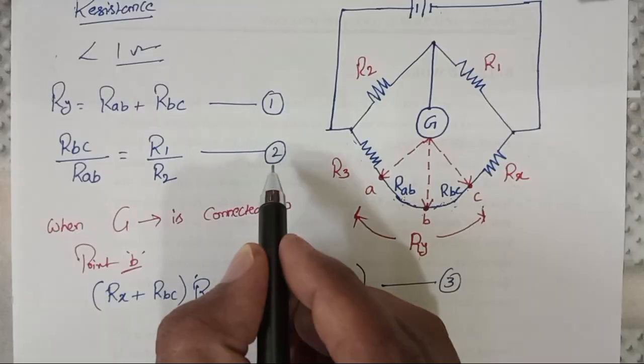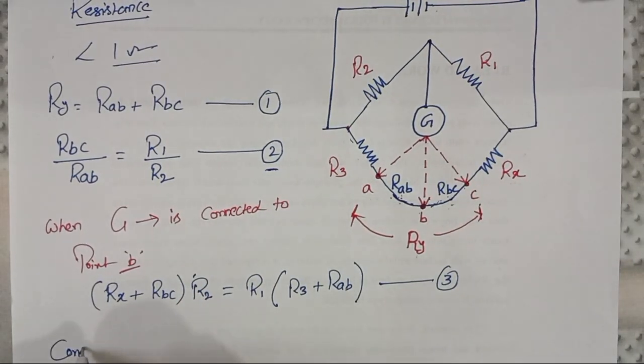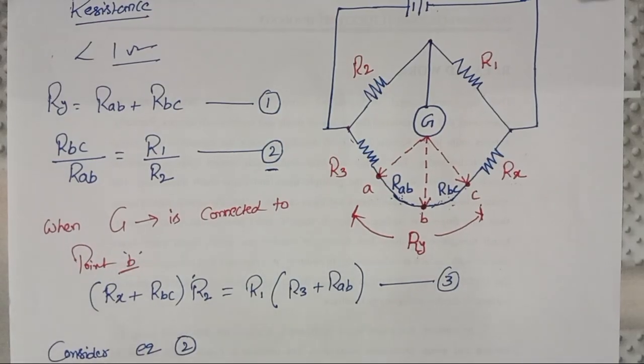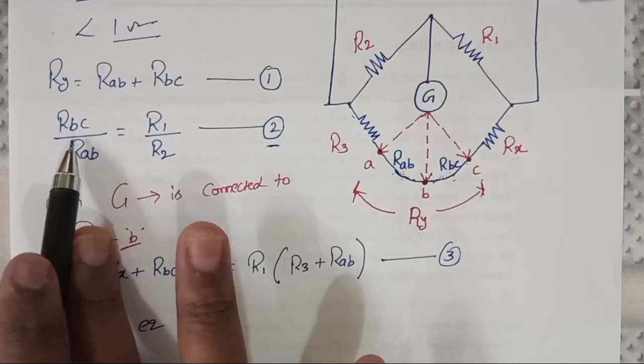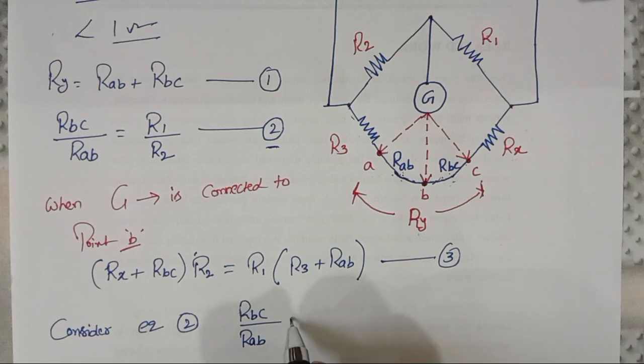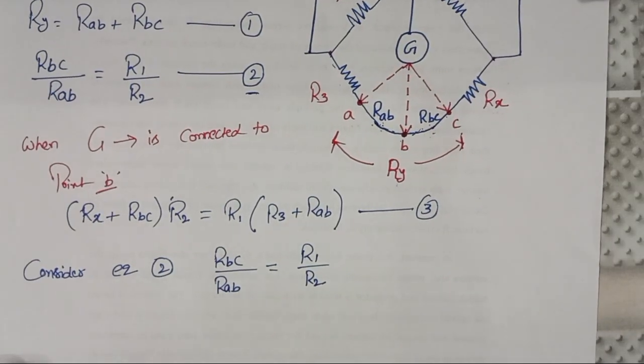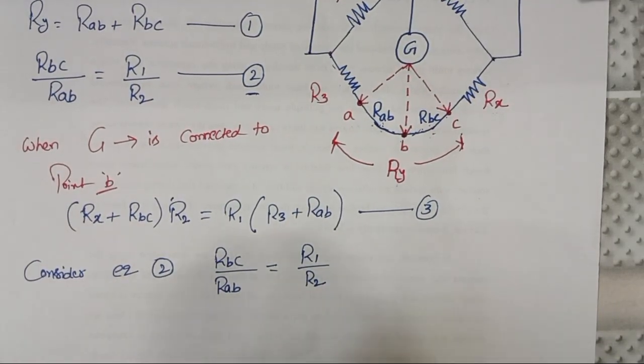Now I am performing operations between these three equations. Consider equation 2. Here equation 2 is RBC by RAB equal to R1 by R2. Now I am adding 1 on both sides.